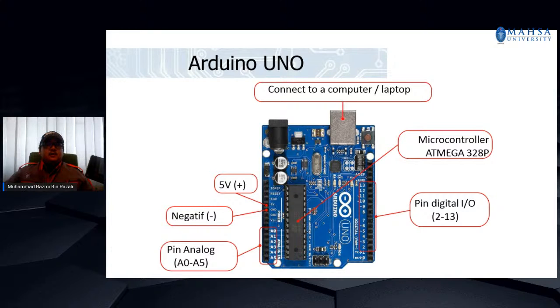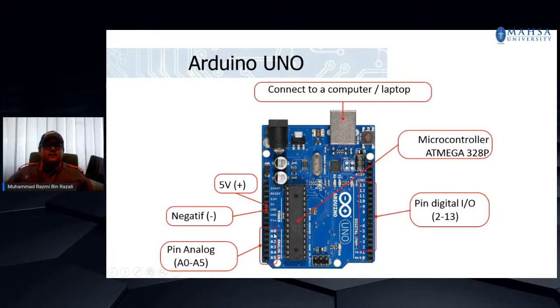Okay, this is the Arduino UNO cross section for using in other devices. The top one is the USB port, which we can connect to the computer or laptop. Right here is the positive 5 volt and also negative, or what we call ground.